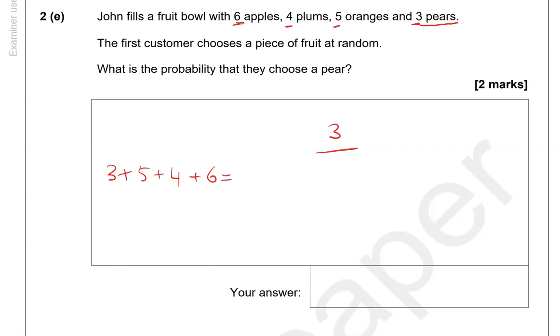Now you could use a calculator here, but 4 and 6 is 10. Add 5, that's 15, and a 3, that is 18. So 3 out of 18. Can we simplify this further? We can divide this by 3 and this by 3. So that would be 1/6.